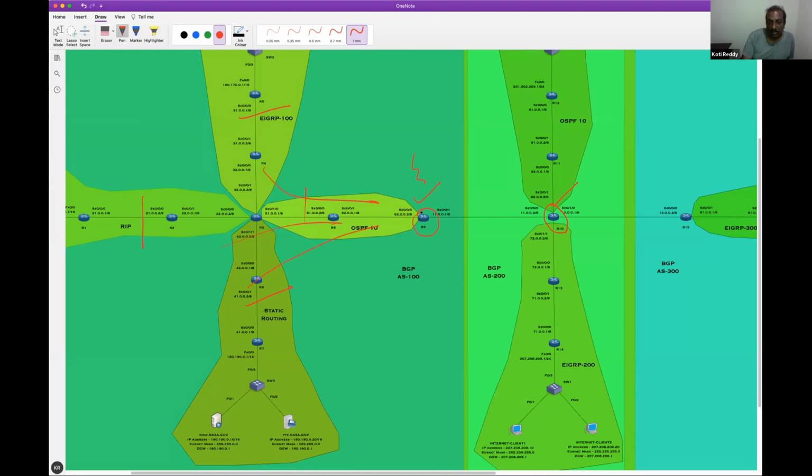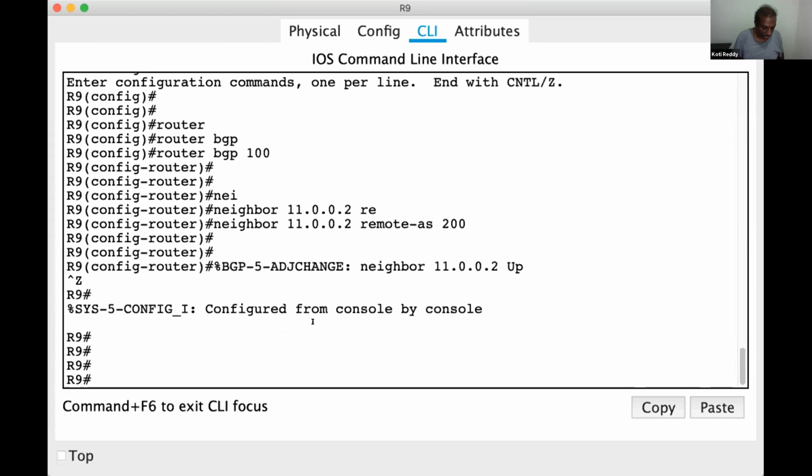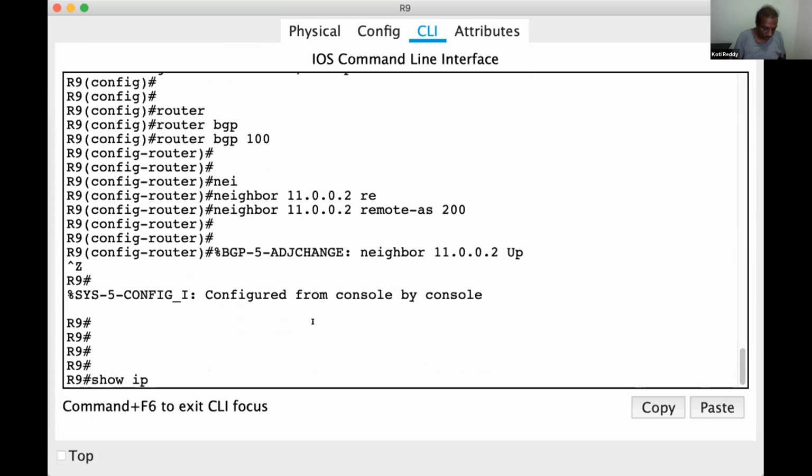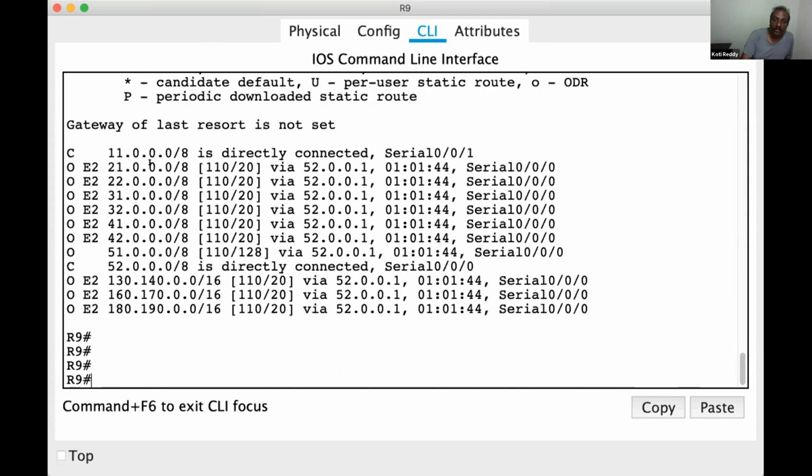Let's go to R9. I should see all these routes on the border router of ISP1. There I give the command show IP route. I see all 20 series routes, 30 series routes, 40 series routes, and also 50 series routes, and also other network IDs.